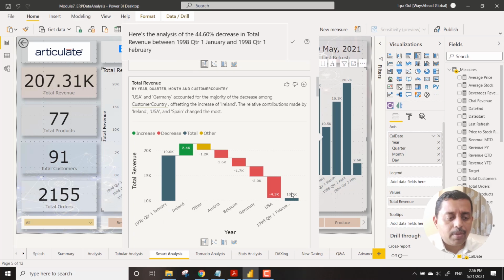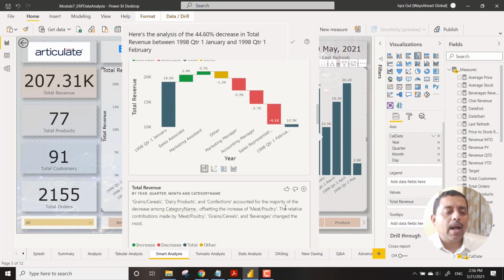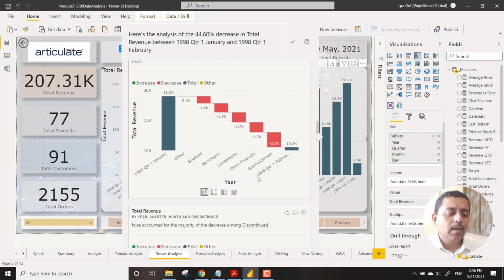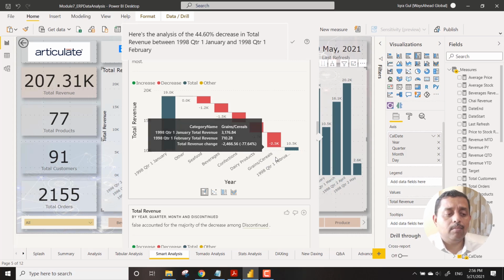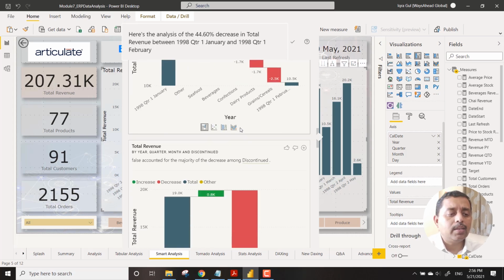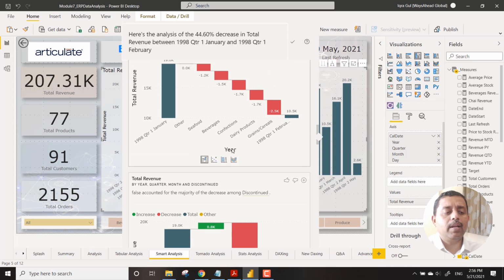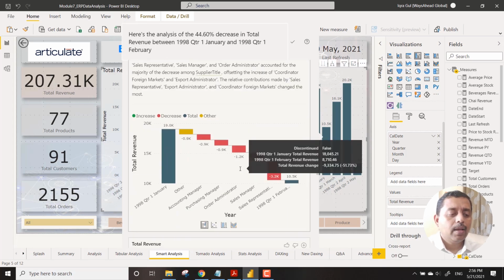We keep moving down and ask, is there any other trend we are looking into? I see that grains and cereals took the maximum hit, and most of the products were in a downward trend.